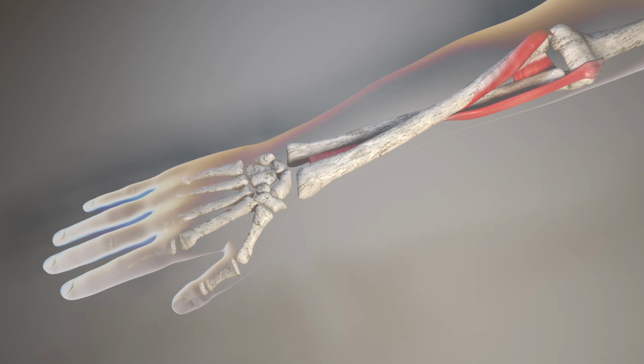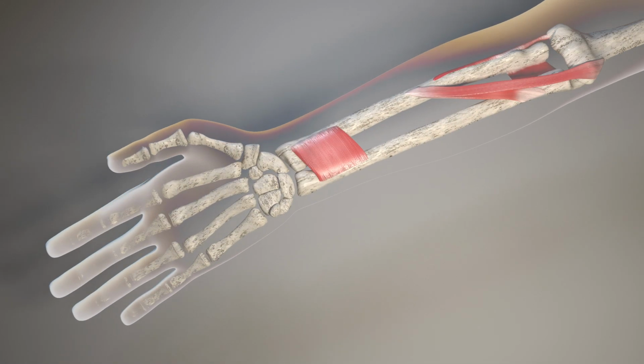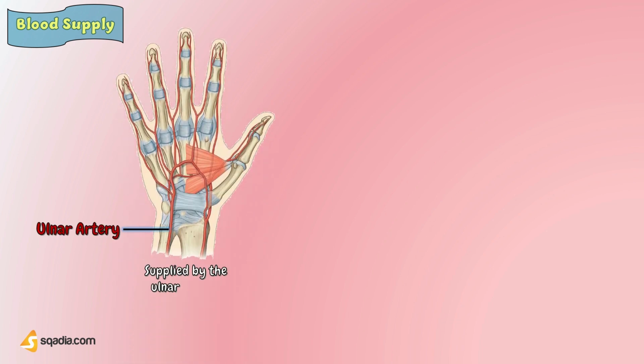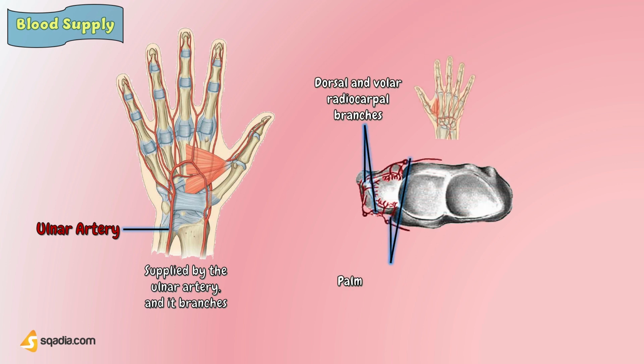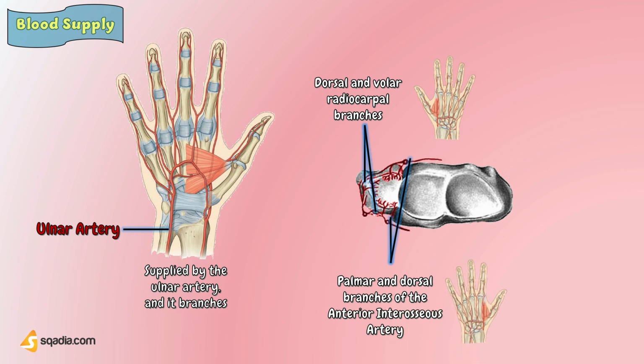As for the blood supply to the triangular fibrocartilage complex, it is supplied by the ulnar artery and its branches in the hand region, mainly the small dorsal and volar radiocarpal branches, and the palmar and dorsal branches of the anterior interosseous artery.